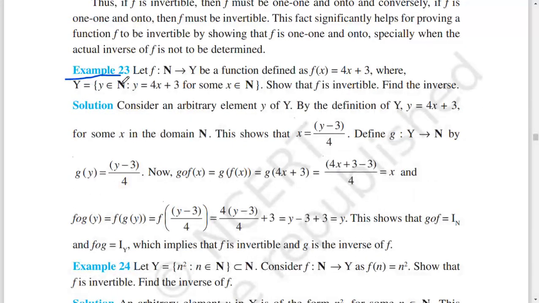Example 23: Let f: N → Y be a function defined as f(x) = 4x + 3, where Y = {y ∈ N : y = 4x + 3 for some x ∈ N}. Show that f is invertible. Find the inverse.